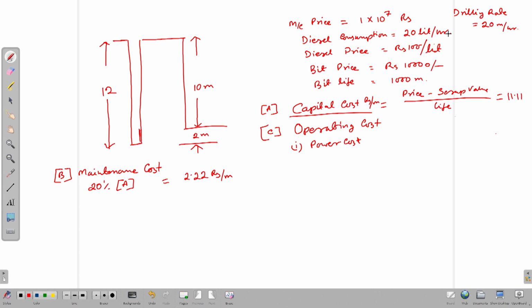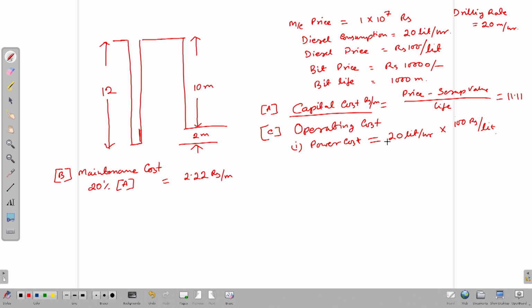So, that is why the power cost is basically the fuel cost, that is the consumption of the fuel, 20 liter per hour, and its cost is 100 rupees per liter.